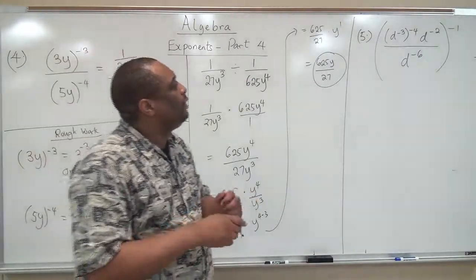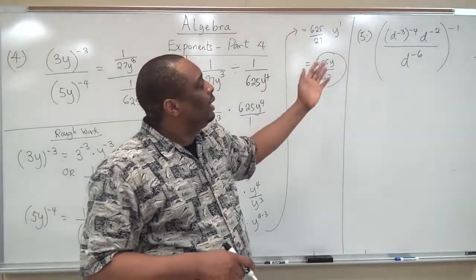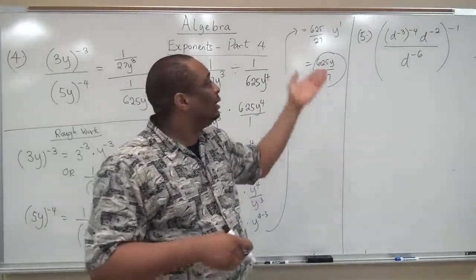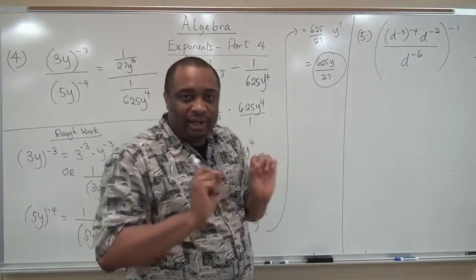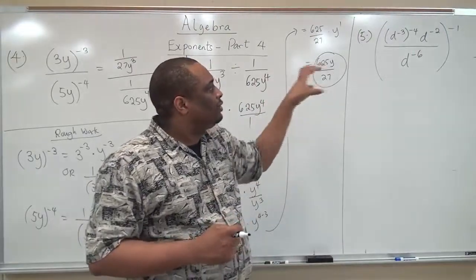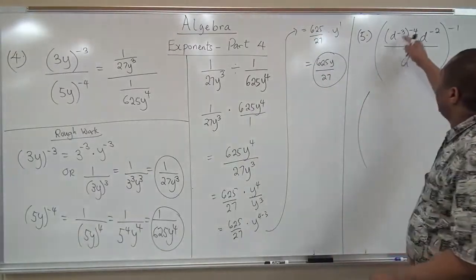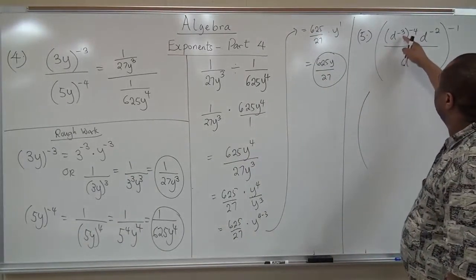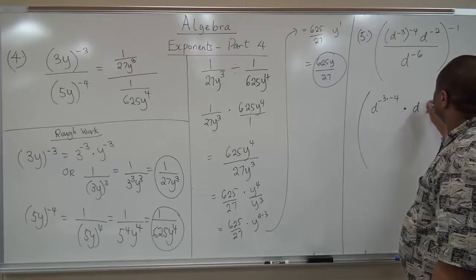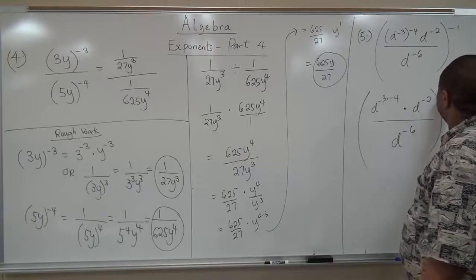So first of all, let's start with the inner parenthesis. Let's fix the inner parentheses first, then we see what we can do with laws of exponents before we do the outer parentheses. Like I said, it is not the only method. You look at it and you find out what method will save time. Now if we apply the laws of exponents here, d exponent -3 times -4, then times -2 all over d exponent -6, then exponent -1.